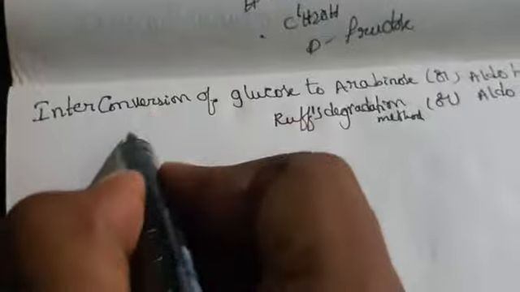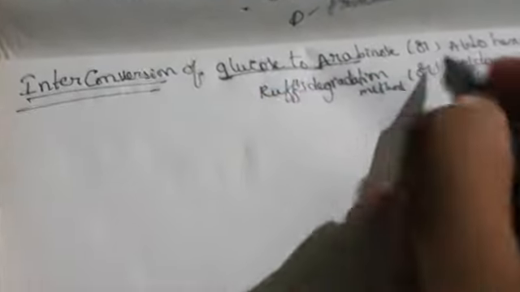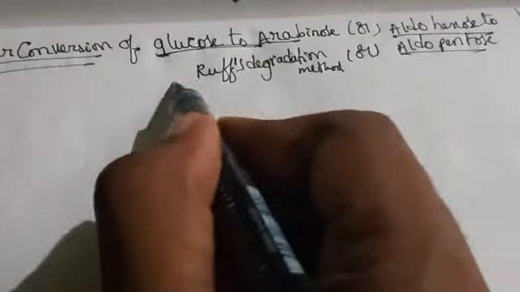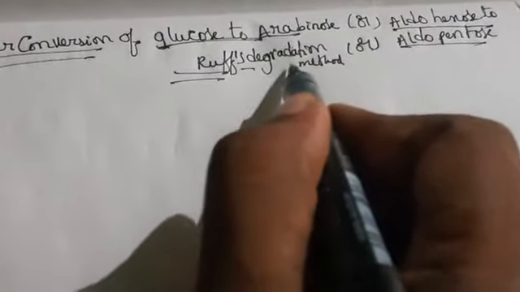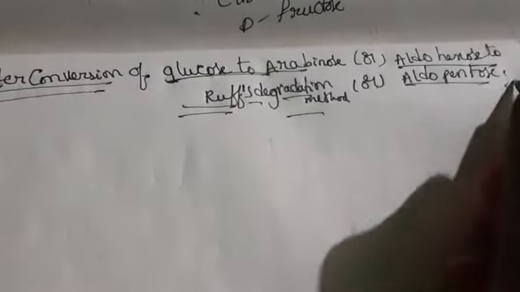See here, interconversion of glucose to arabinose, or aldohexose to aldopentose, which we can also write as the Ruff degradation method.